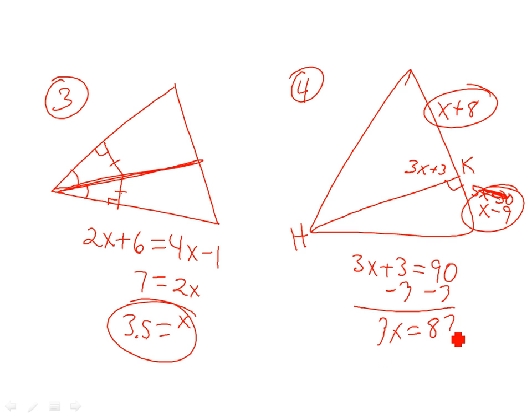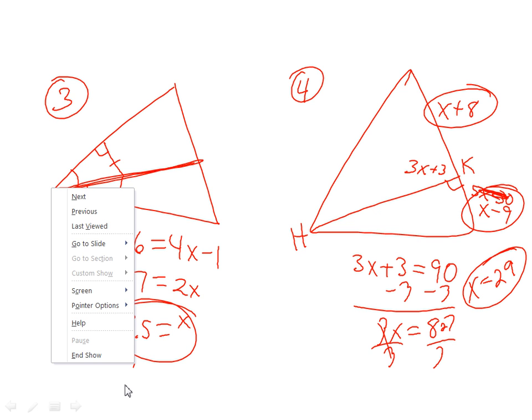Divide by 3. How many 3's are there in 8? 2. That's 6, with 2 left over. How many 3's in 27? 9. X equals 29.